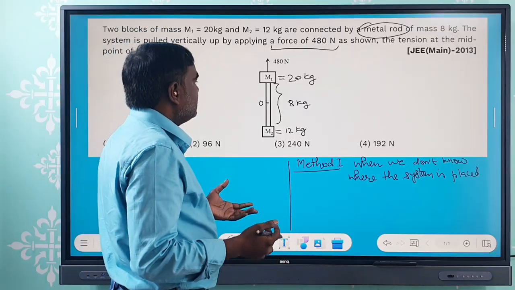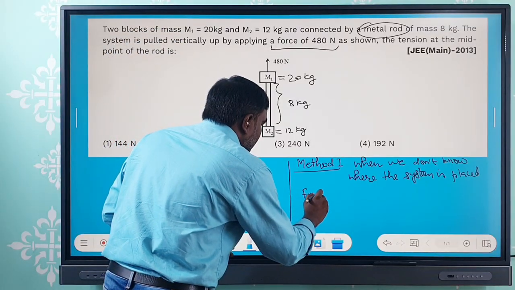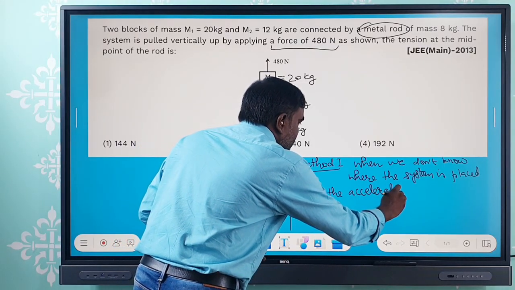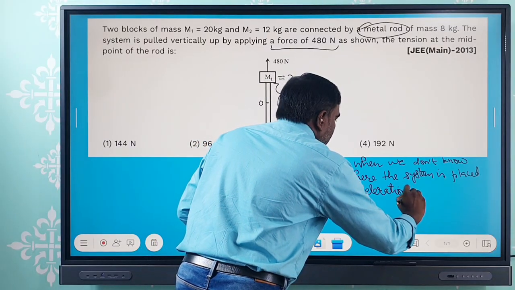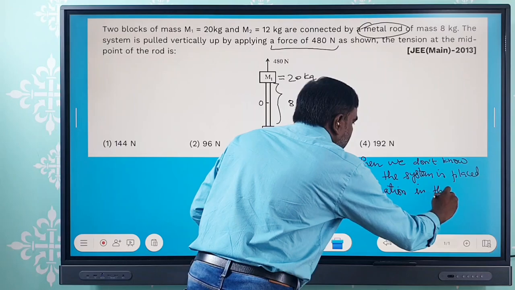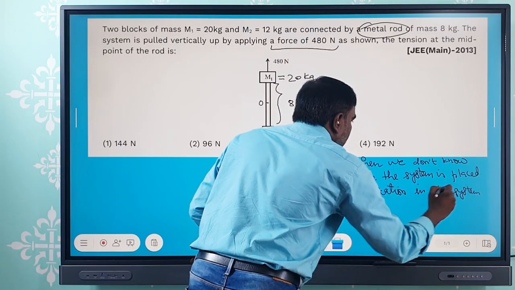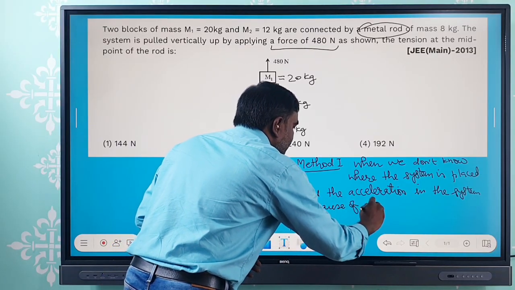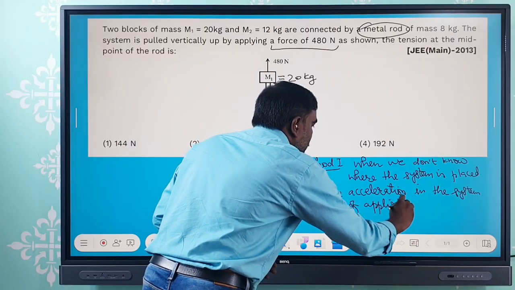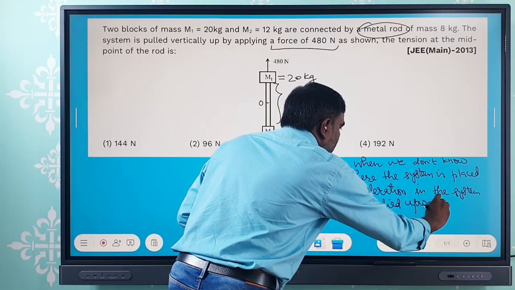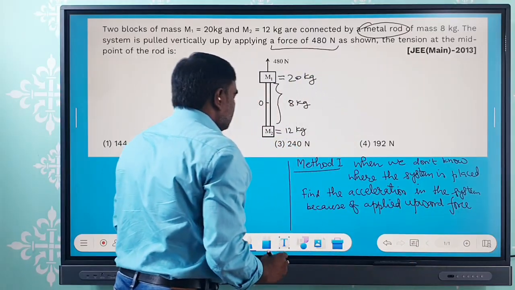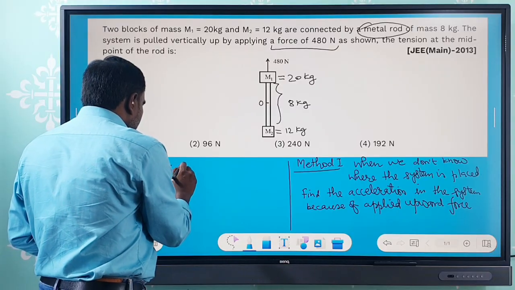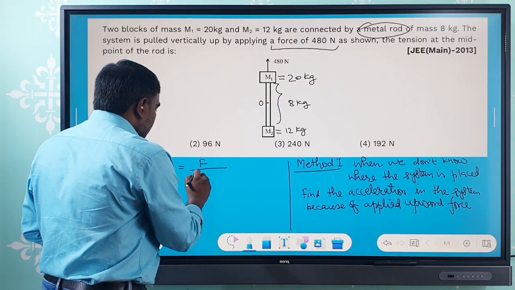We can proceed by finding the acceleration in the system because of the applied upward force, so that acceleration a is equal to F upon total mass.